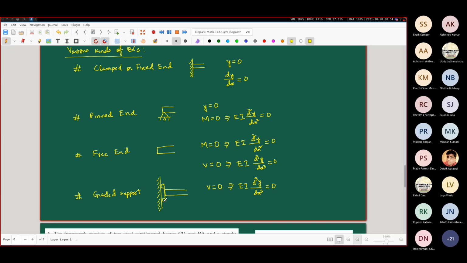But this roller allows for the free movement of this end of the beam either in the positive y direction or in the negative y direction. Complete free movement in this vertical direction. So we can say dy/dx is 0. Yes. It is not the deflection which is 0. In fact, it is anything but 0 at this end. It is not at all 0, the deflection, but the slope is 0.